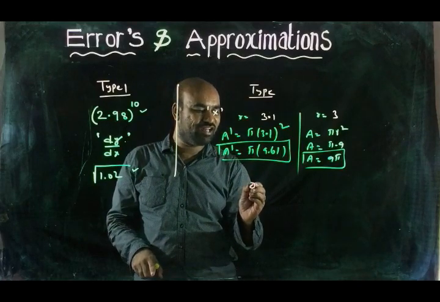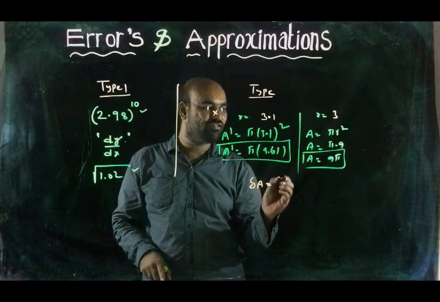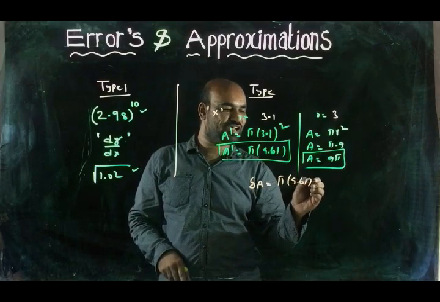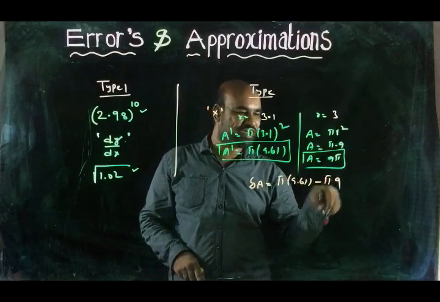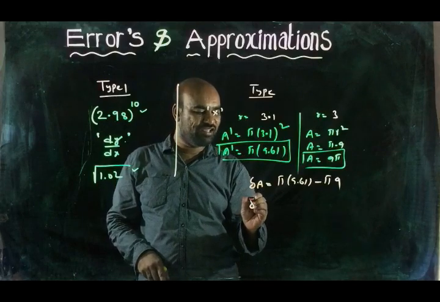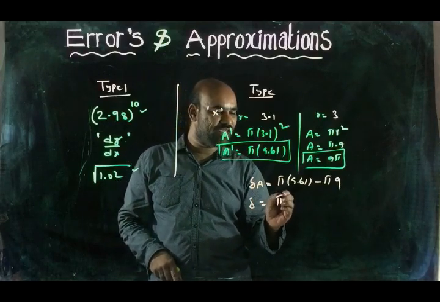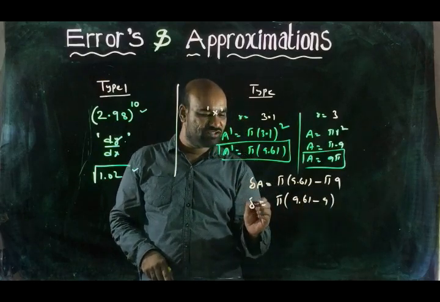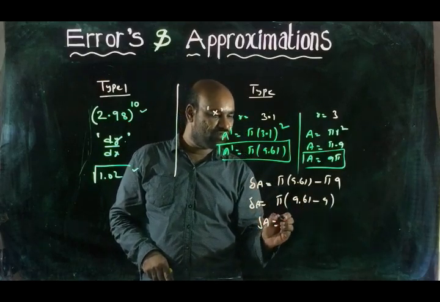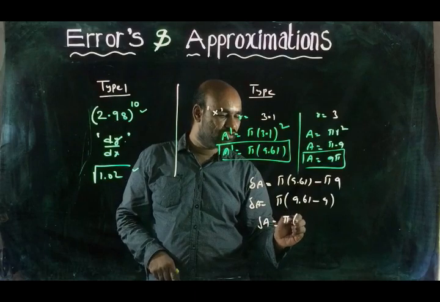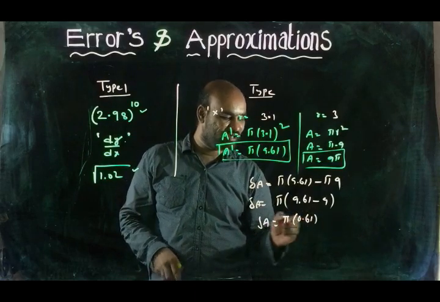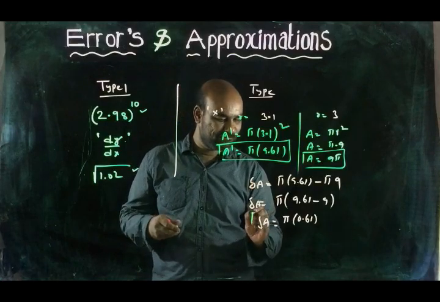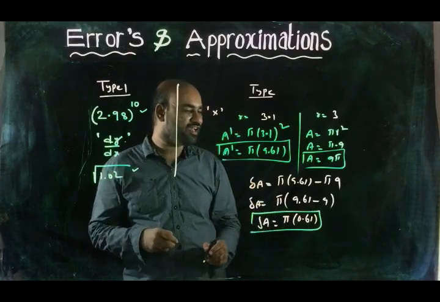So error in area delta A equals pi into 9.61 minus pi into 9, or delta A equals pi times of 9.61 minus 9. So delta A equals pi into 0.61. This is the error in A.